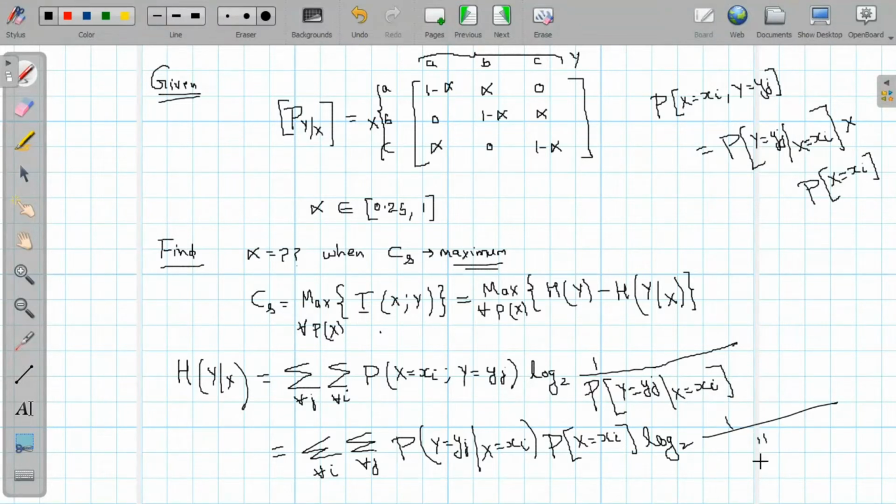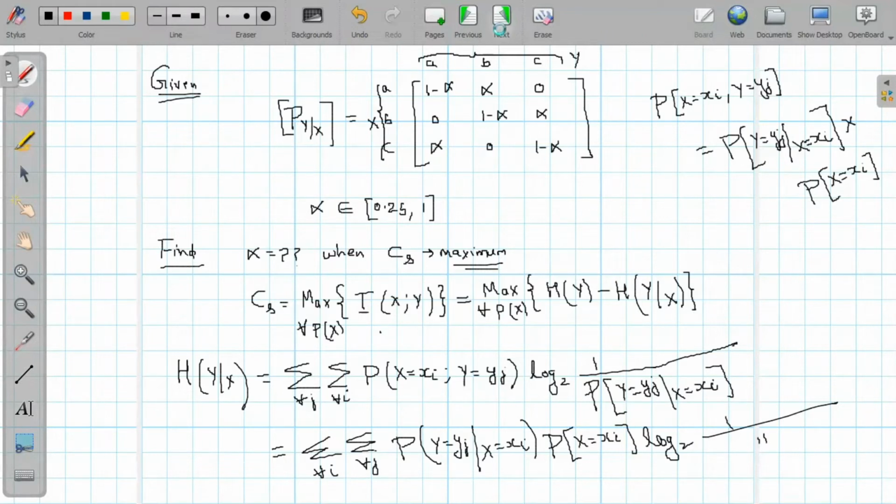Now you can note here that this probability X is equal to small xi is independent of j. So we can take this term out of this summation and write the entropy of Y given X.